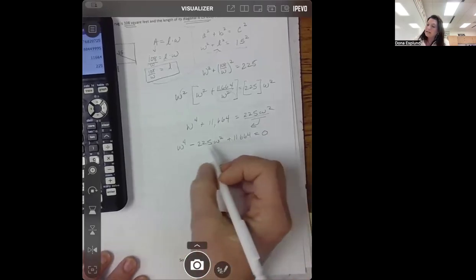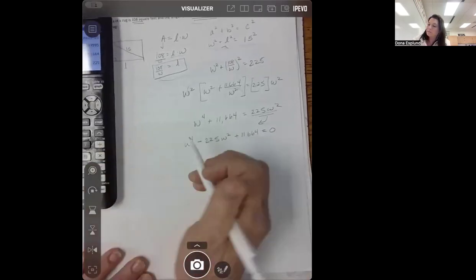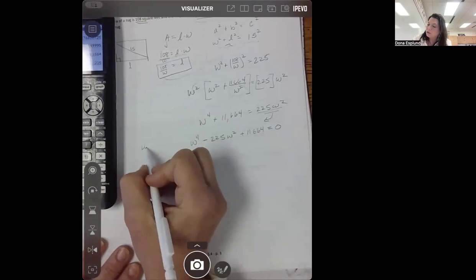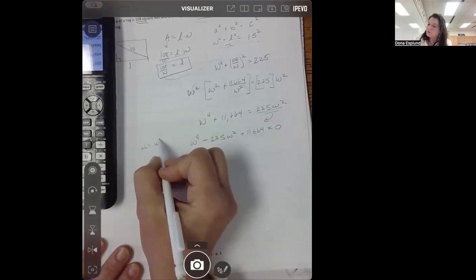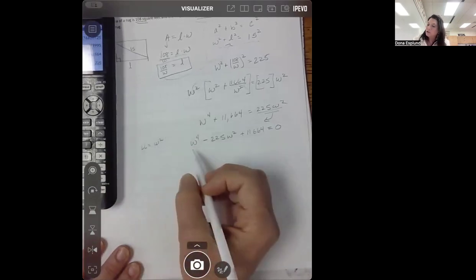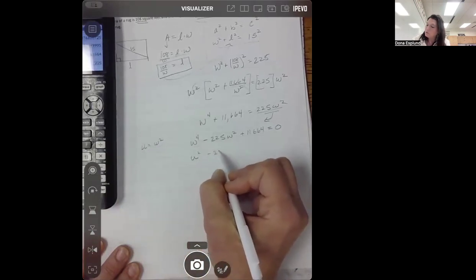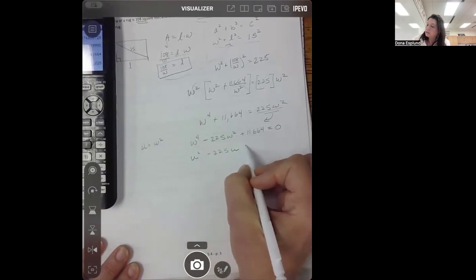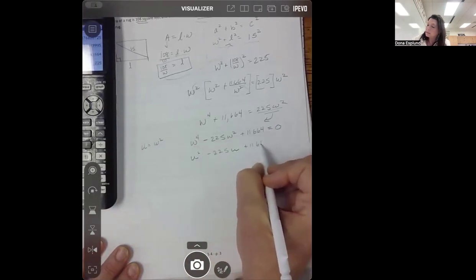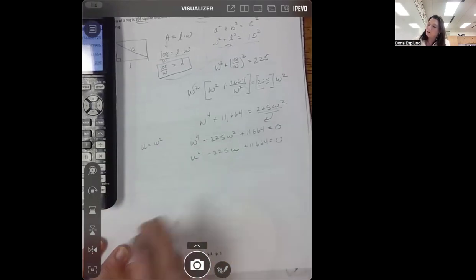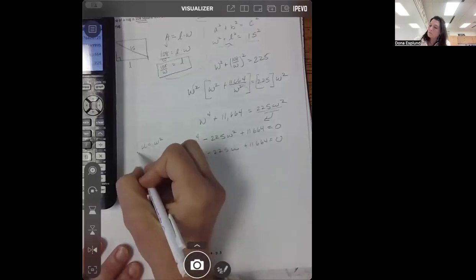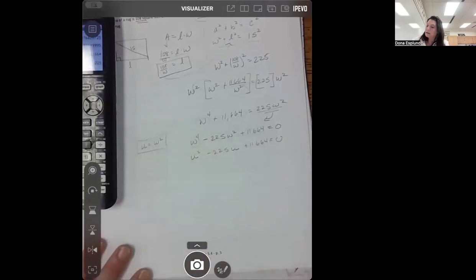Now, in this case, I've really got this quadratic, but instead, this is where we let U equal W squared. And so this would be then U squared minus 225 U plus 11,664. And I've got a quadratic. I've just got to remember when I finish, I'm going to substitute them back in.